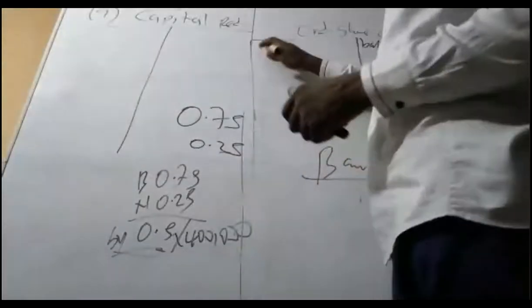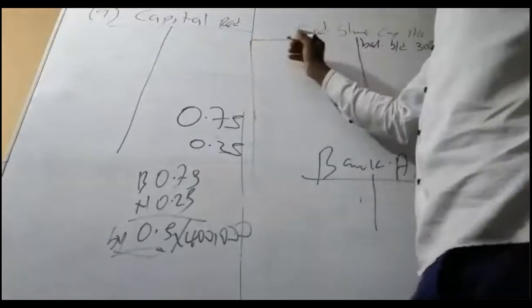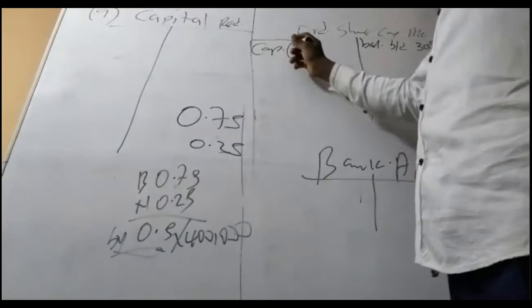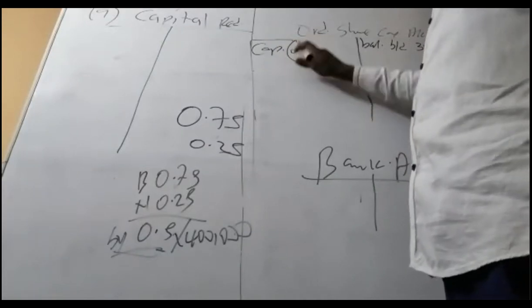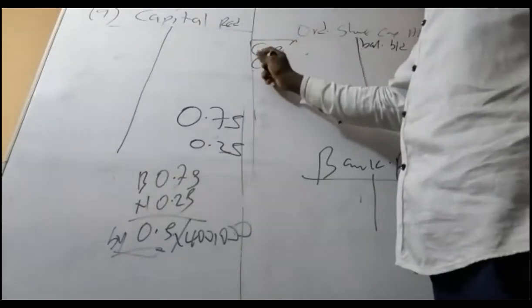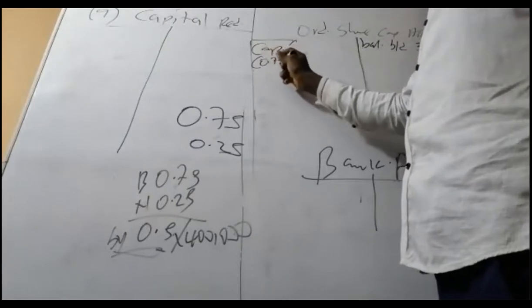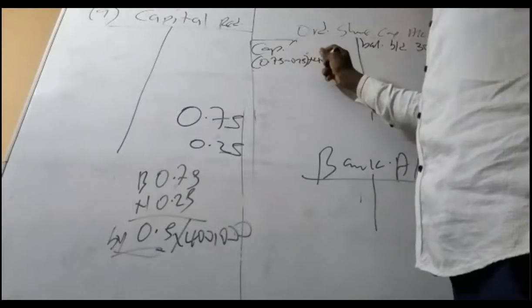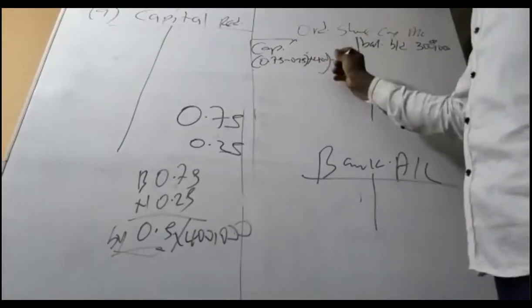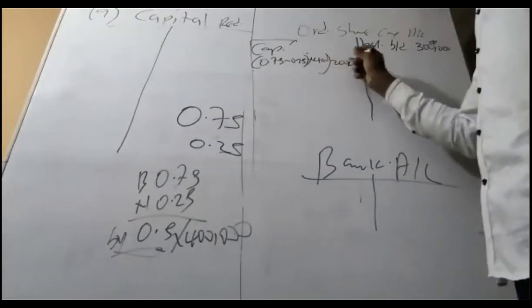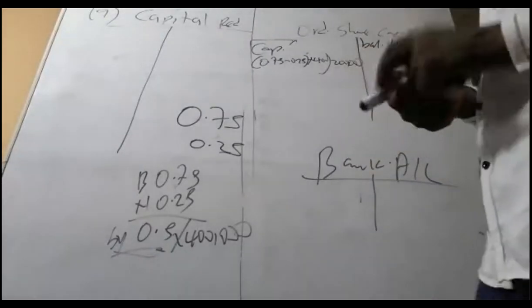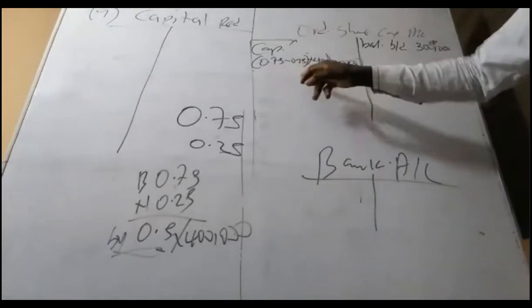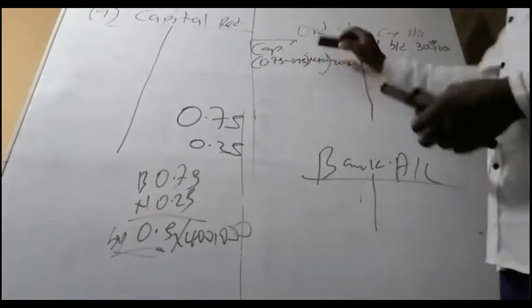Good. So we record it here as, in brackets, capital reduction. Do your workings here. 0.75 minus 0.25 times 400,000 shares. You get 200, so bring the 200,000 in like this. Can you show the workings? It's 0.75 times this.